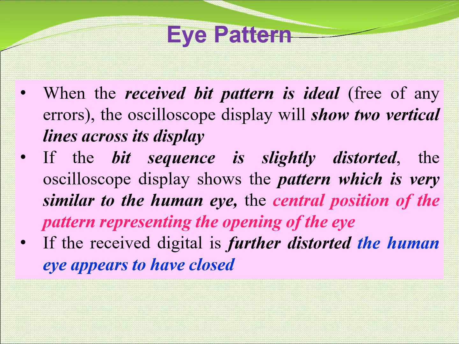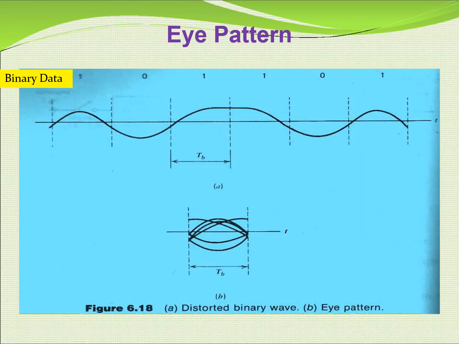If the received digital signal is further distorted, the eye appears to have closed. So here we have taken binary data first, and next is the eye pattern, where for the binary data the positive terminal and the negative terminal are fixed here.